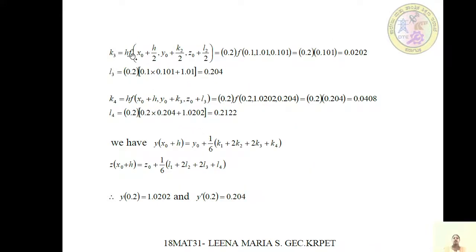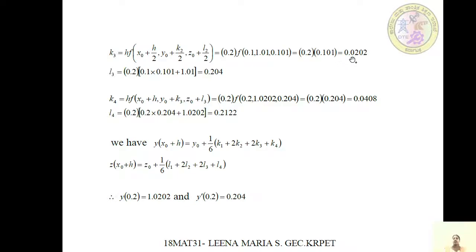K3, h f of x naught plus h by 2, comma y naught plus k2 by 2, comma z naught plus l2 by 2, equals h is 0.2, f of. On simplifying these values, we get 0.1, comma 1.01, comma 0.101. So again the value of f is nothing but z. 0.2 into z is 0.101.